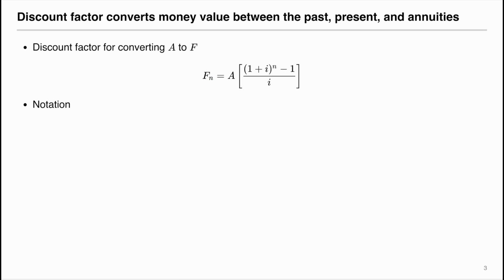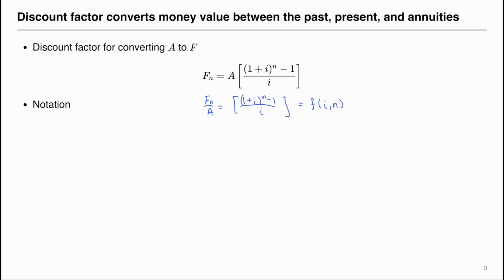In the last example, we have seen that the future value can be converted from the annuity value with a constant. If we rearrange that, we have F_n divided by A equals that constant, ((1 + I)^n minus 1) divided by I. And this constant is only a function of I and n.